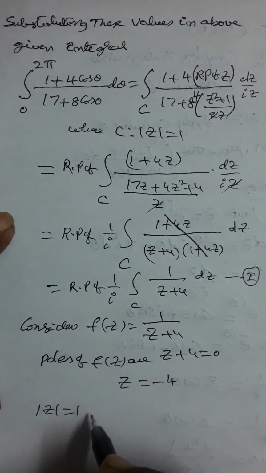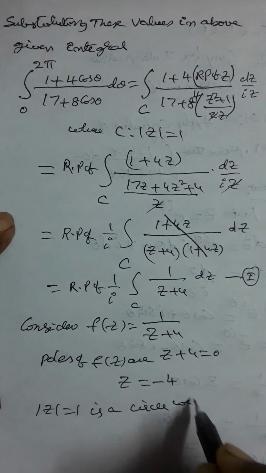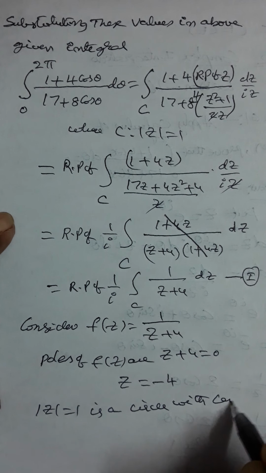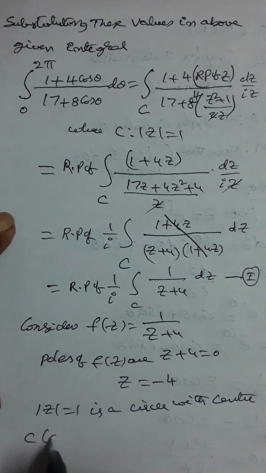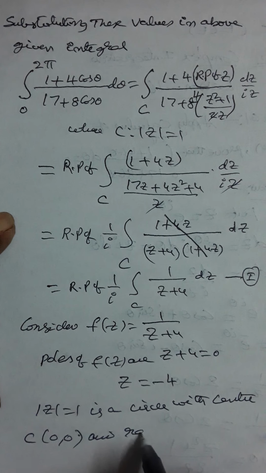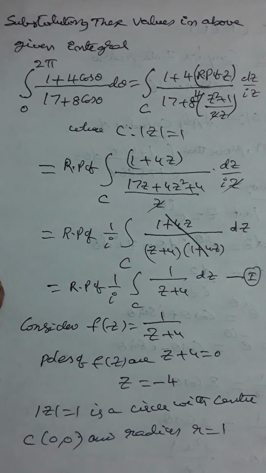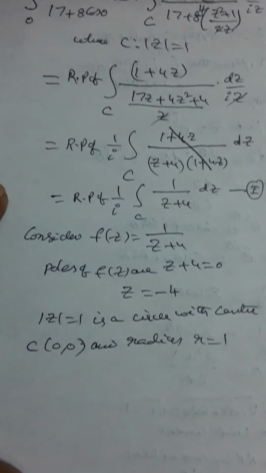Mod z is equal to 1 is a circle with the center (0, 0) and radius r is equal to 1.